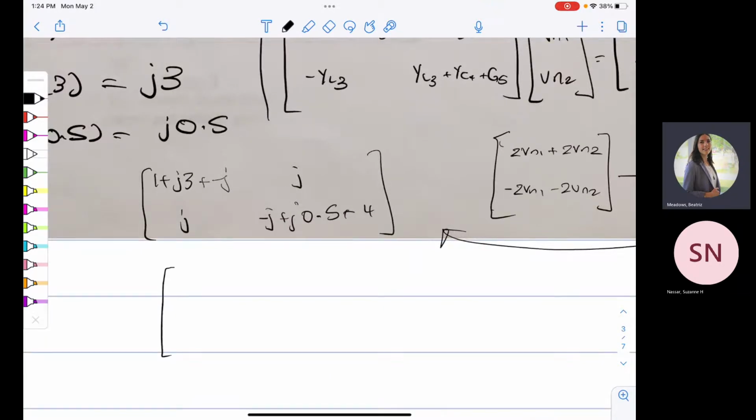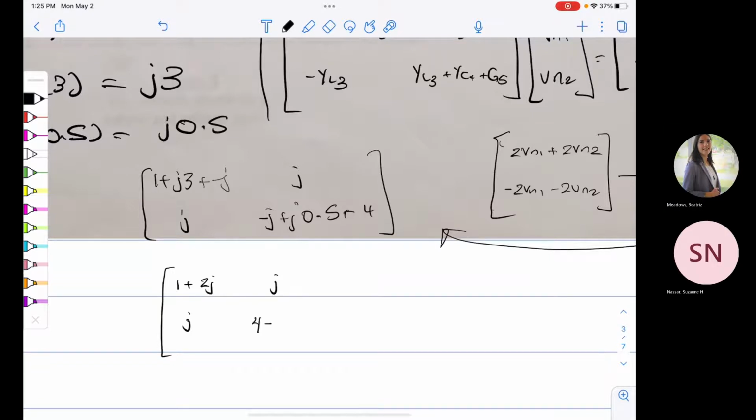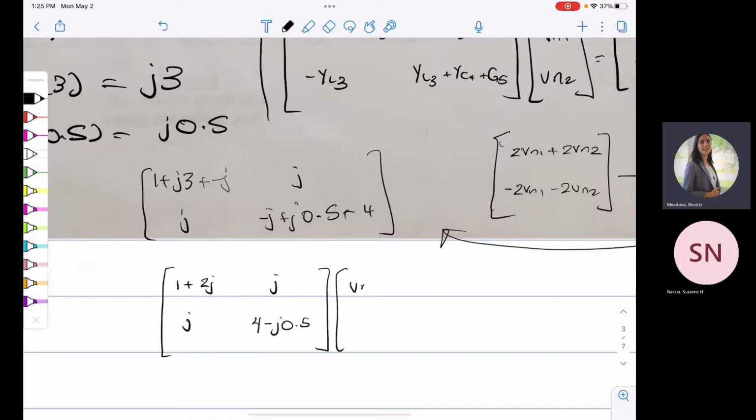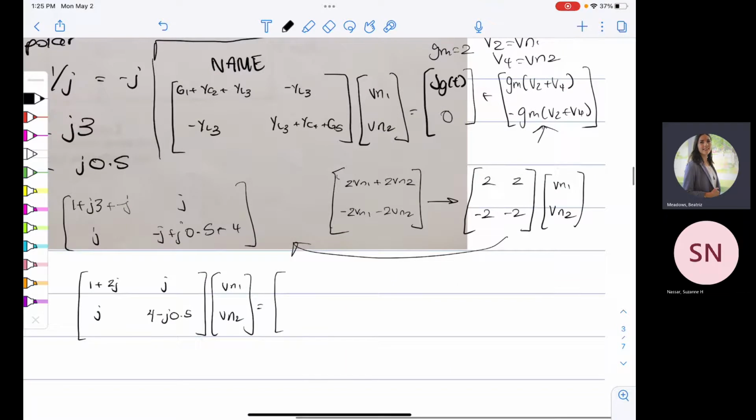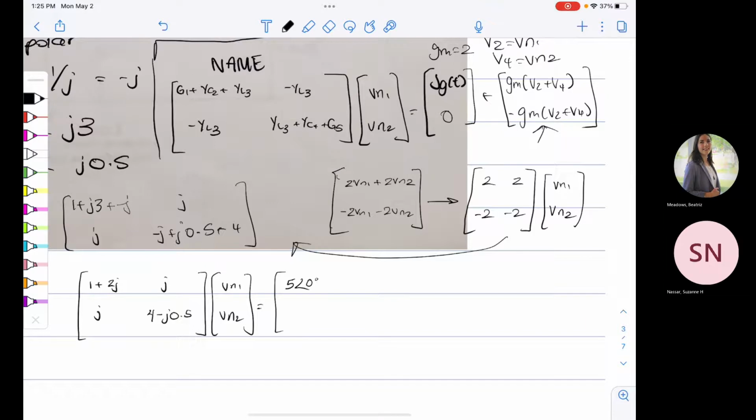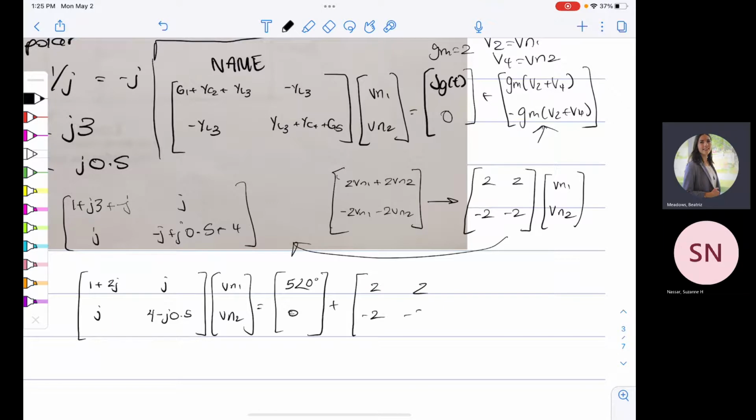What is going to be the first term? This is j, j, second term. Minus, right? Okay. Then we have Vn1, Vn2 equals, what did we say our phasor for was j g of t? Right. And then we have plus 2, 2, negative 2, negative 2, 1, V, and 2. Right?